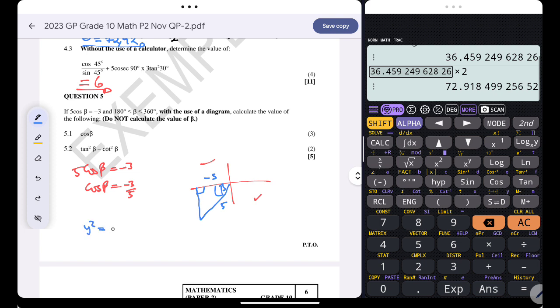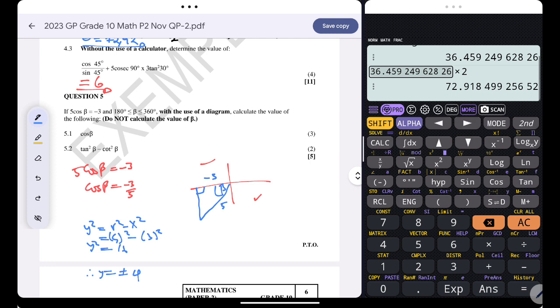Y squared is equal to r squared minus x squared, right? So this is 5 squared minus 3 squared. I'll get 16 as y squared. Therefore y is plus or minus 4. Whenever I put a square root on both sides, my final answer should say plus or minus, right?